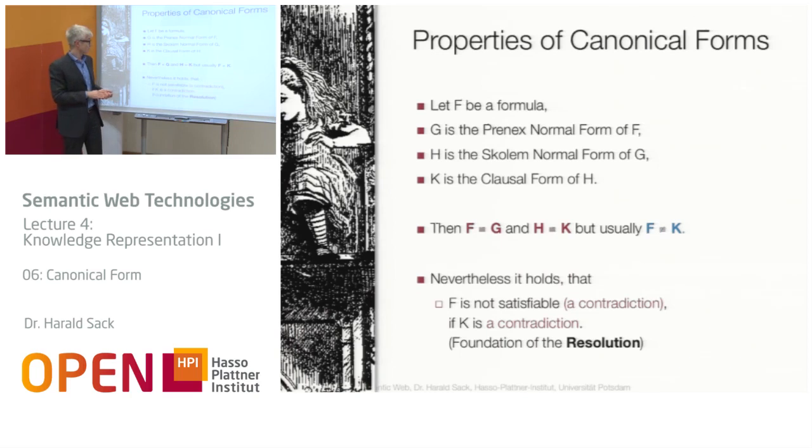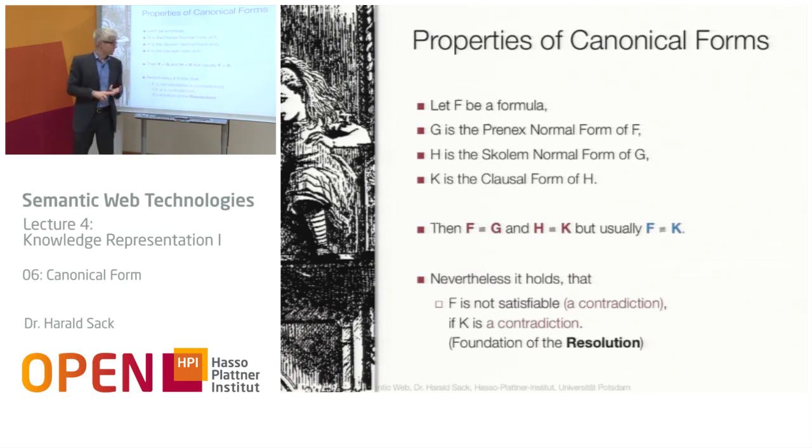The same holds for the relation between the Skolem normal form and the clausal form, because in this transformation we also only apply equivalence transformations. Therefore, h, which corresponds to the Skolem form of our formula, and k, which corresponds to the clausal form of our formula, both are equivalent. It means whenever h is true, then also k is true.